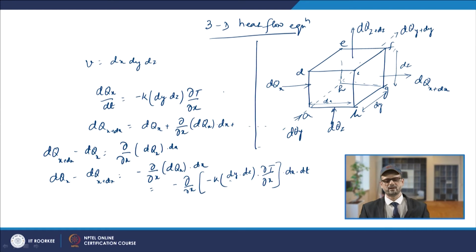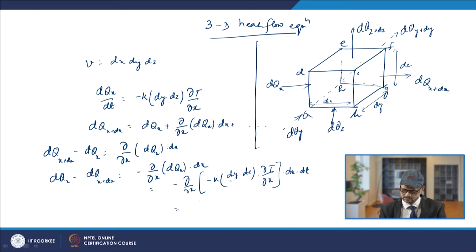So that way you are getting this term, and what you see is that dx, dy and dz will come from this side. You have a minus sign here and a minus sign here also, so it will be a positive sign.